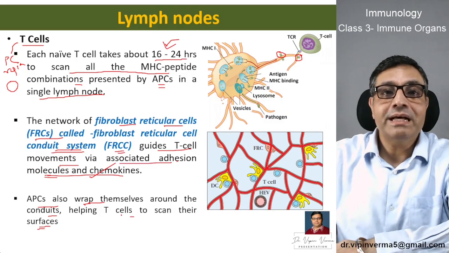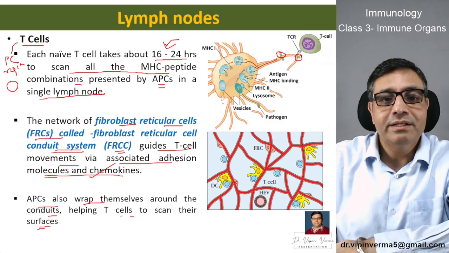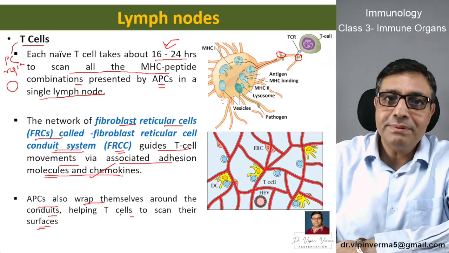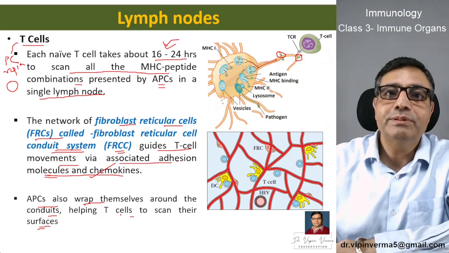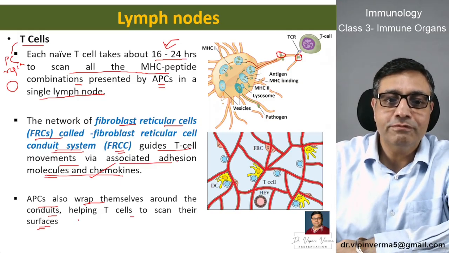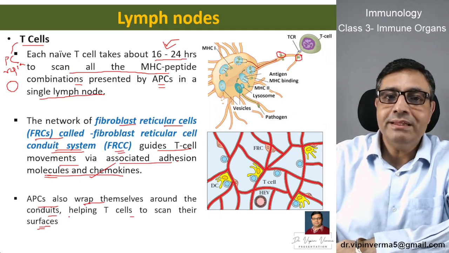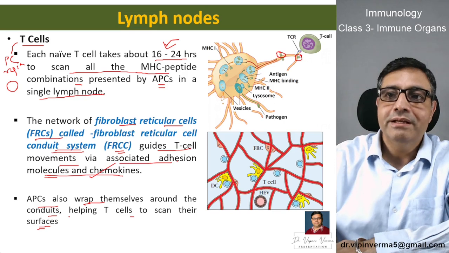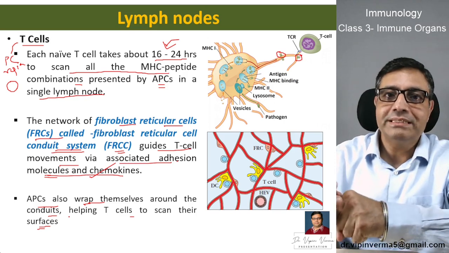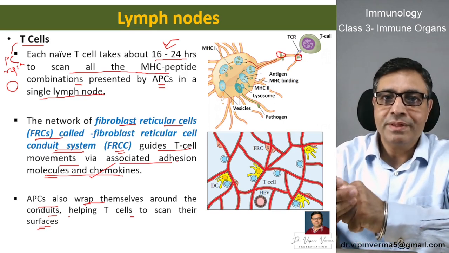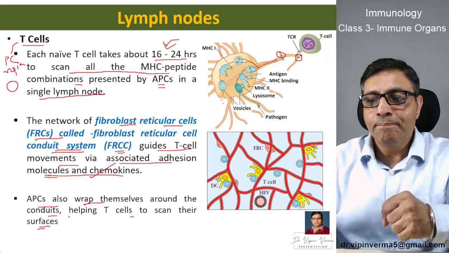Because T cells are coming on these reticular cells, the antigen presenting cells are just wrapping themselves on the surface of these conduits, on the channels, on the pipes, and when the T cells come gliding on this, they meet the already wrapped cells which have the MHC molecules presented on the surface.